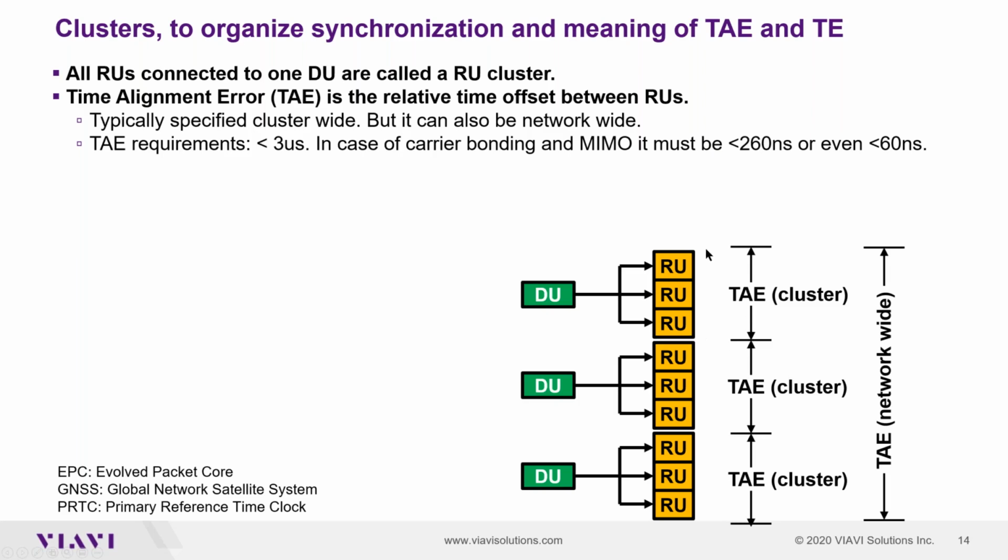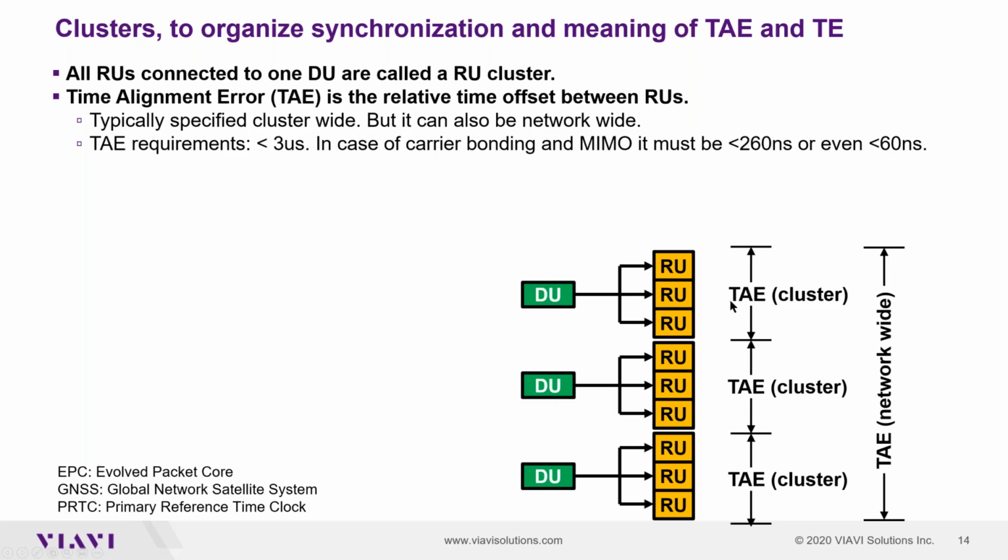From the specification, it has to be in one cluster, but in the meantime, the experience is that this time alignment limitation should be over the whole network, not only over the clusters. And the time alignment thresholds, for a normal RF function, are below 3 microseconds.